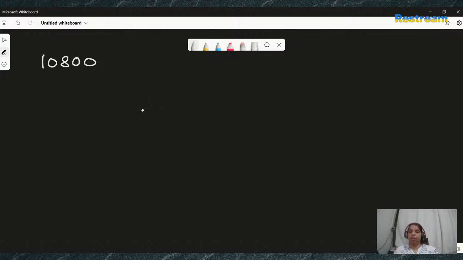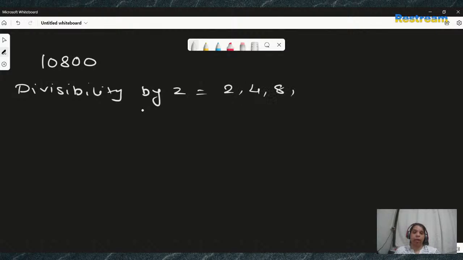So the first is the divisibility rule by 2. This rule states that any number that ends with a 2, 4, 6, 8 or 0 is divisible by 2. If you want, you can write this down because these rules are going to be very helpful as you go ahead, because your calculator will not factorize this for you.